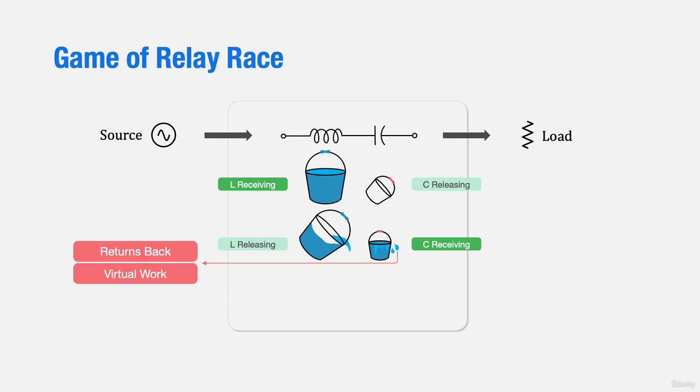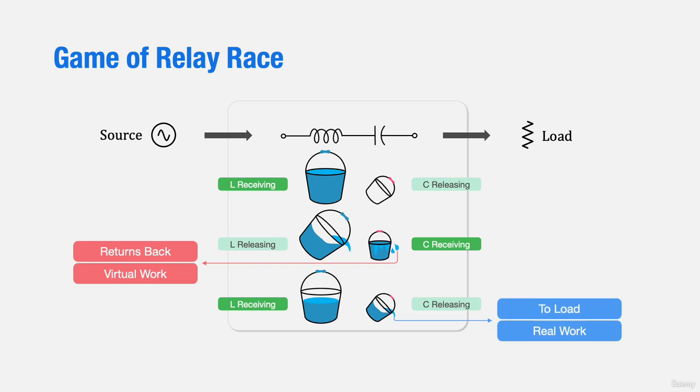When the capacitor becomes fully charged, any remaining energy is virtual work. In the next half cycle, the inductor once again receives energy while the capacitor simultaneously releases energy to the load. The amount of energy the capacitor releases to the load is the real work.